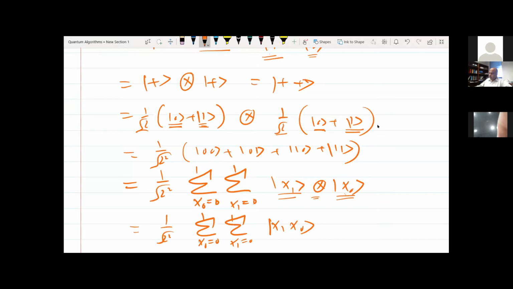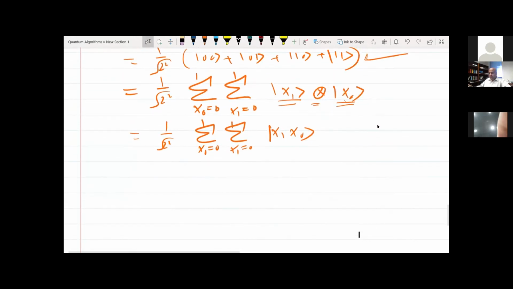That's why people have invented a shorthand notation to represent this state, which is to use decimal labels. We use label 0 to represent state 0, 0. We use label 1 to represent state 0, 1. We use label 2 to represent state 1, 0, and label 3 to represent state 1, 1.